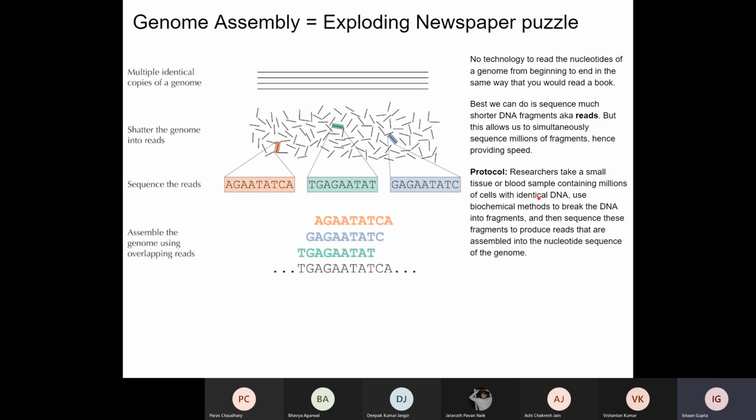So when you precipitate the DNA by breaking the cells, you essentially get these multiple copies of DNA molecules. Now they can be fragmented into smaller fragments, like I showed you earlier in the genome sequencing technologies module, and then you can do the sequencing and assemble these things together.